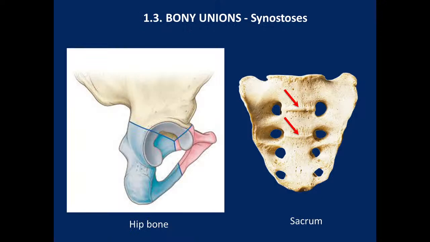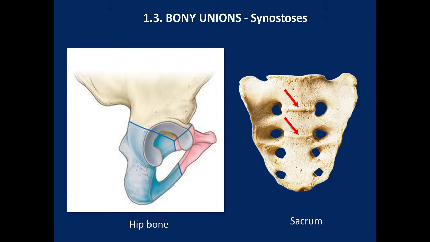The next subdivision of synarthrosis, the third group, is called synostosis. Synostoses are sites of bony fusion, and they are totally immobile.